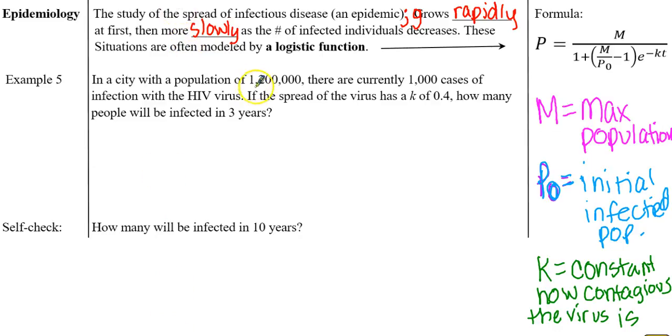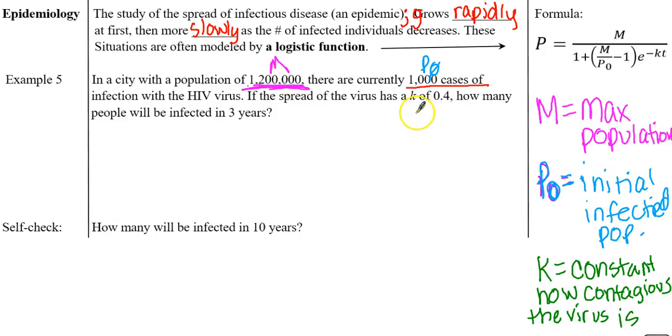So let's go and annotate. 1.2 million represents? Nope. That's your max population. You can't infect more than that. So that's your cap. All right. 1,000 cases is representing your initial infected population.